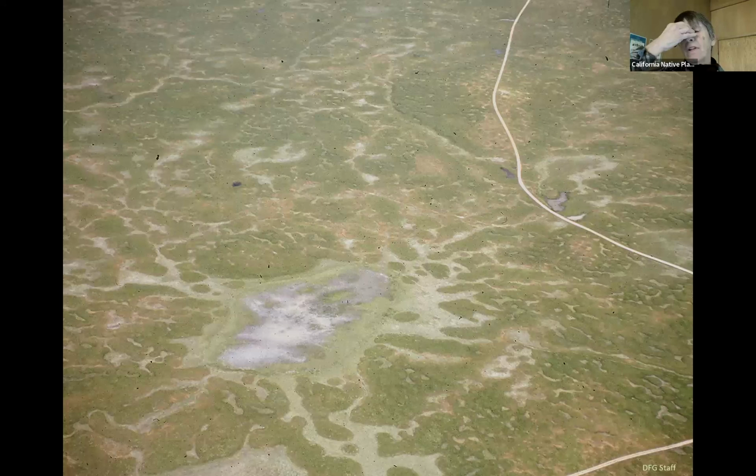And so they tend to have a lot more clay, which has a lot better water holding capacity even when they're dry. And so these pools can sometimes pond for 6 to 8 months. And then they dry out very, very slowly. And they have a completely different flora than the vernal pools I was just showing you.